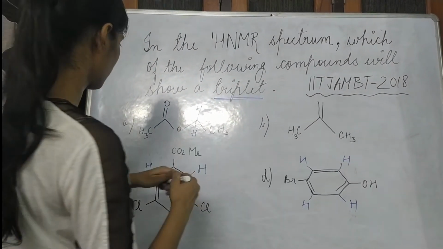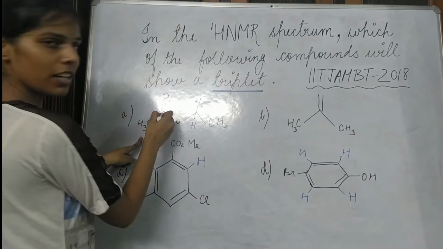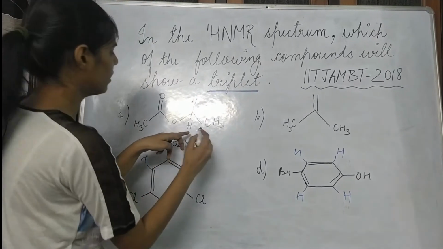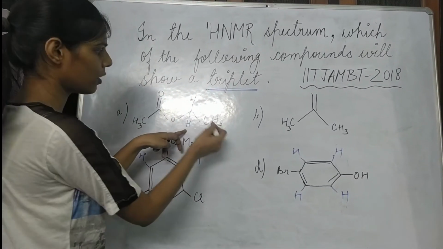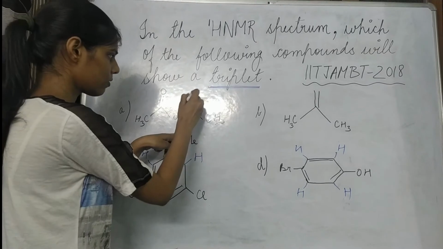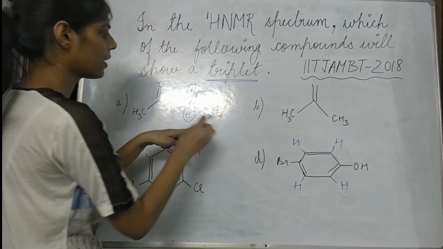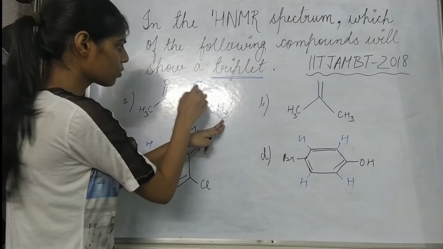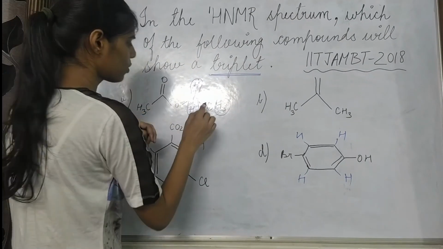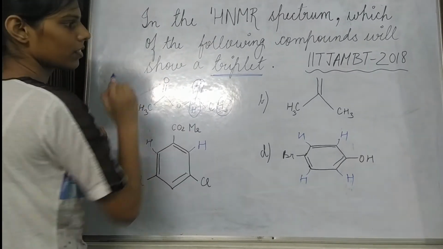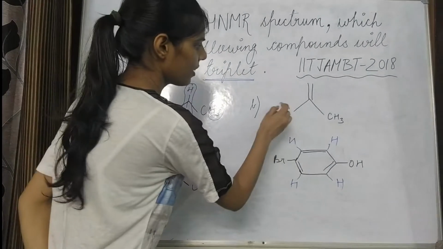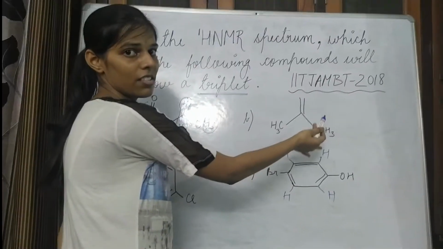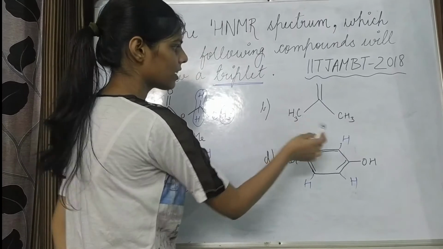This one has no hydrogen adjacent to it. In this one, these 2 are equivalent hydrogens with 3 hydrogens adjacent to them, so this will show a quartet. But these hydrogens have 2 hydrogens adjacent to them, so this will show a triplet. In this next one, there is no hydrogen adjacent, and this is also not having any adjacent hydrogen, so we'll just get one peak.